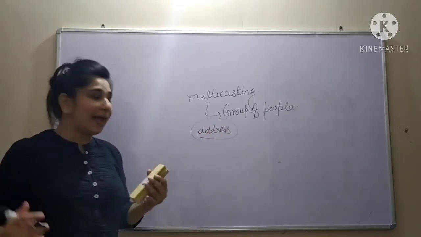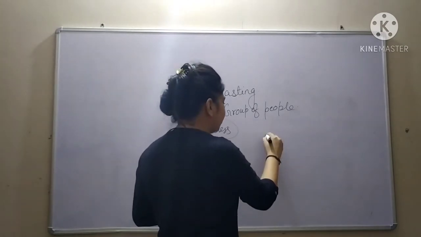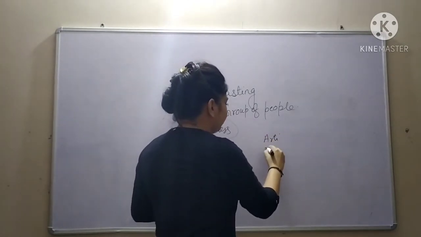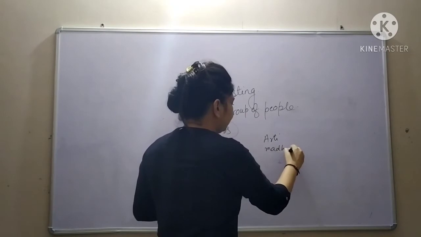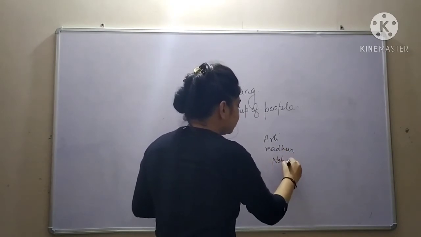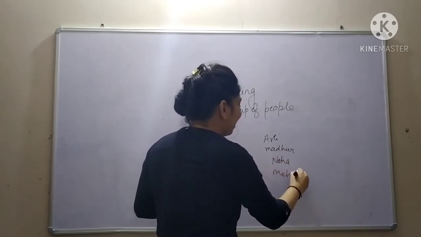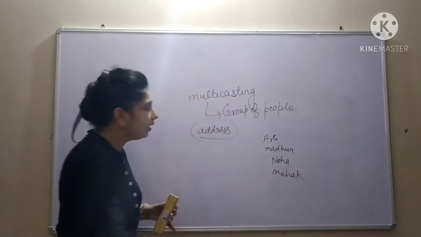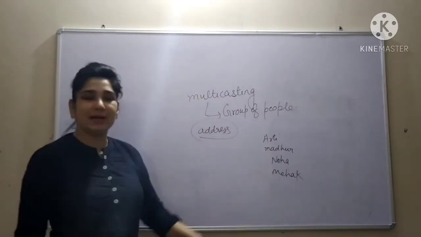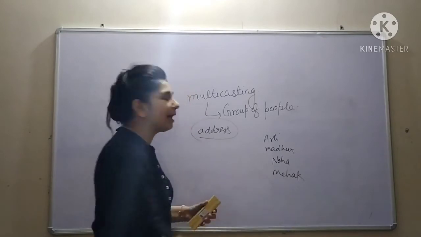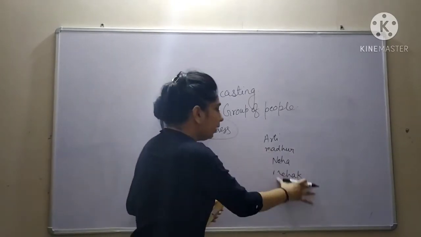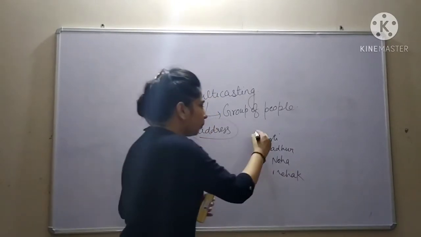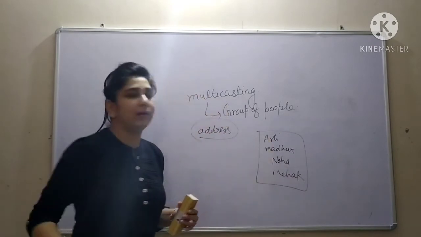Let's suppose I have made a group in which I have 4 friends: me, Madhur, Neha and Mehak. I am making a group of 4 girls, and this is a multicasting group.